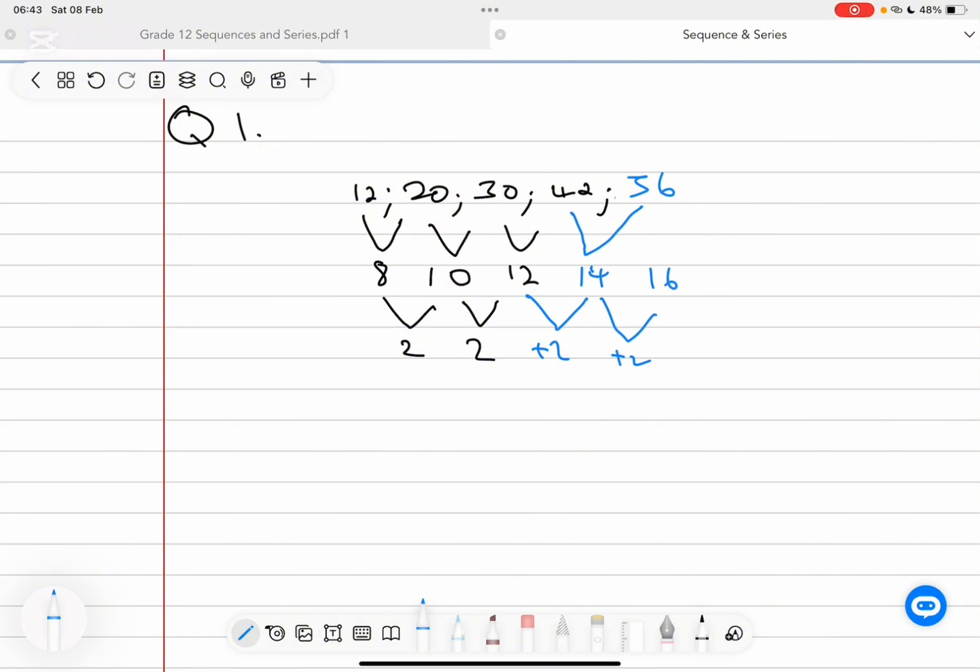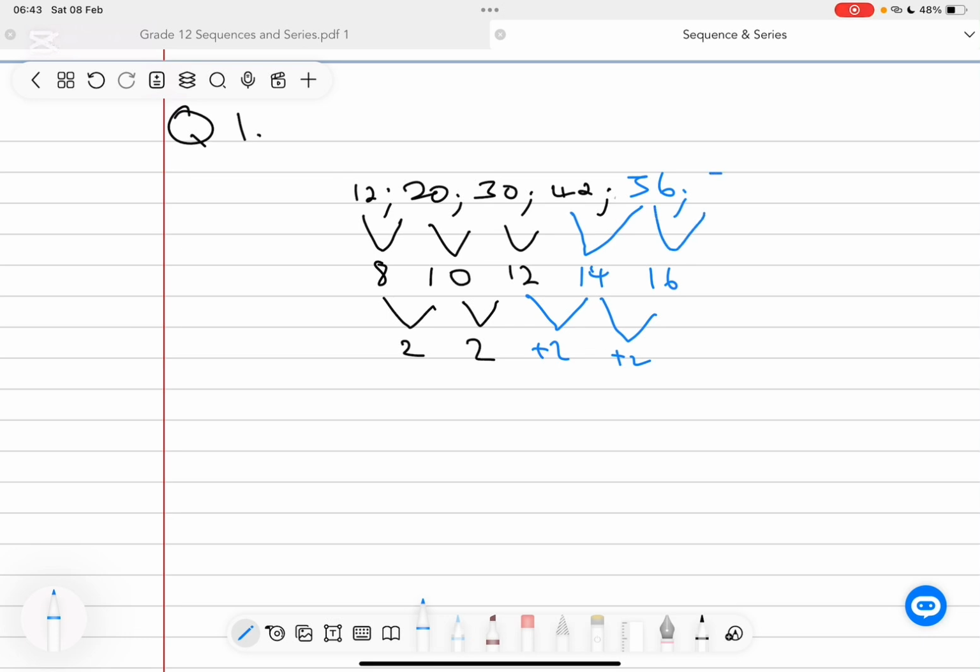I then take the 56 and the 16 to get the next term. So I say 56 plus 16, and that should give me a 72.